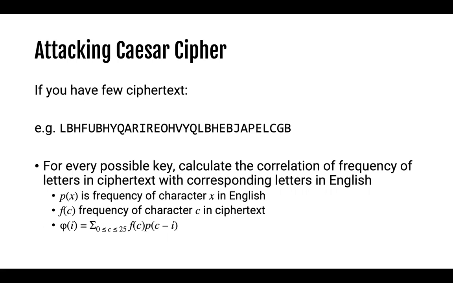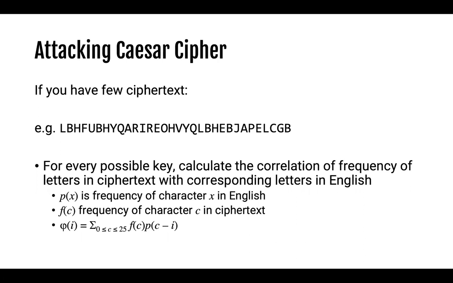So for example, suppose that we have a character C in ciphertext, and we have the normal frequency of character X in English according to the chart that we just saw, right? Now let's calculate the value, which is the multiplication of the frequency of C and the plain text letter according to the I that you guess, and then you will get the corresponding plain text.